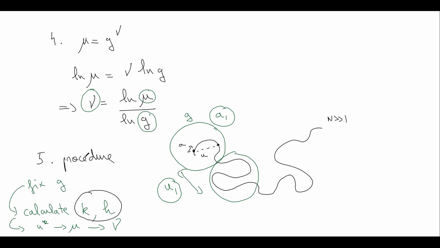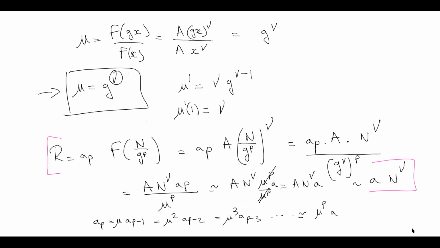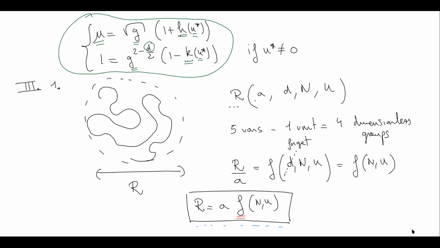Remember the procedure. I fix G, the way I group subunits, the number of subunits in a larger one. Then I calculate K and H. Luckily, some people did that for me, and they found in particular K and H, and then I am able to find U star. So I'm really invoking this equation. Here, you see, now I know everything because I know K from Gabe and Garel. I know everything that is here, so I can find U star.